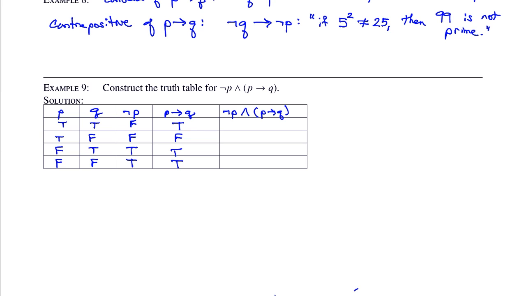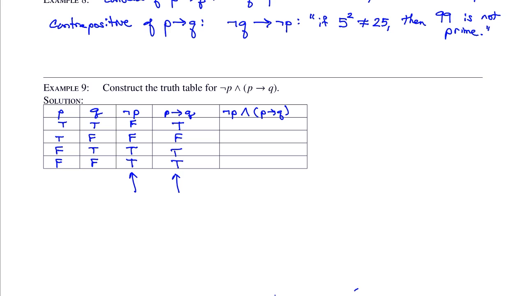Now for the last one, we want not P and if P, then Q. So we will use this column and this column to determine that. We don't backtrack and look at what P and Q are themselves, because we have built up something bigger that we can use to answer these.